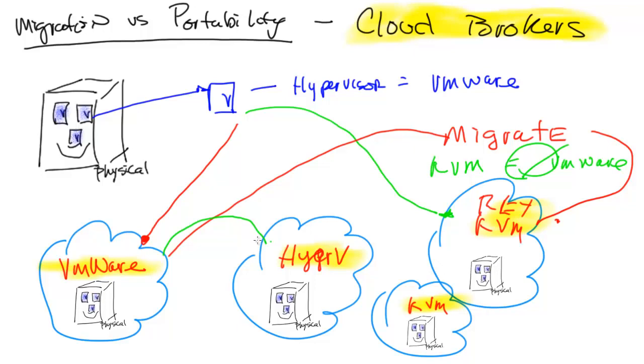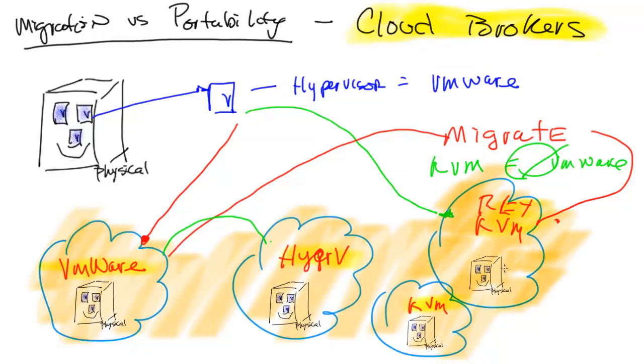Just remember, the key takeaway from this video: you have to understand that each one of these cloud environments, all of this right here, typically uses a different hypervisor engine.